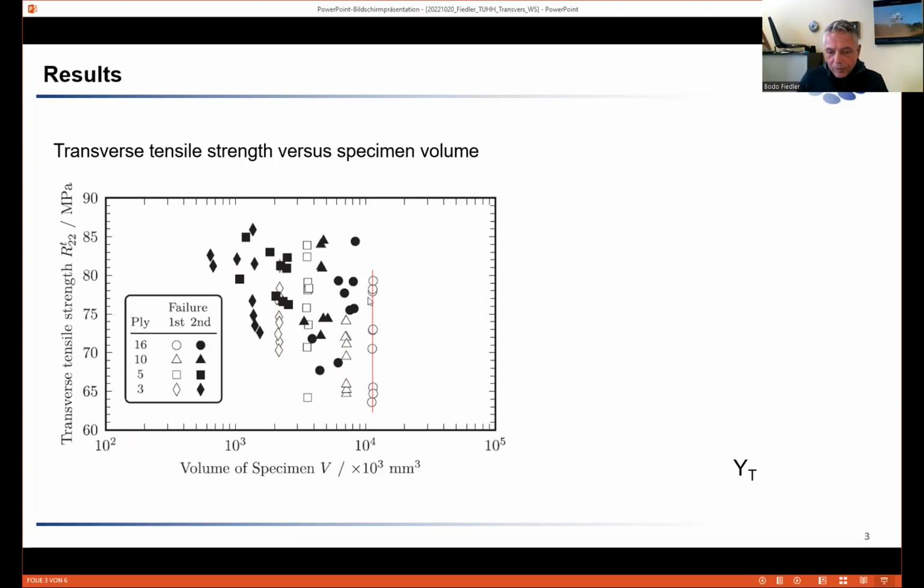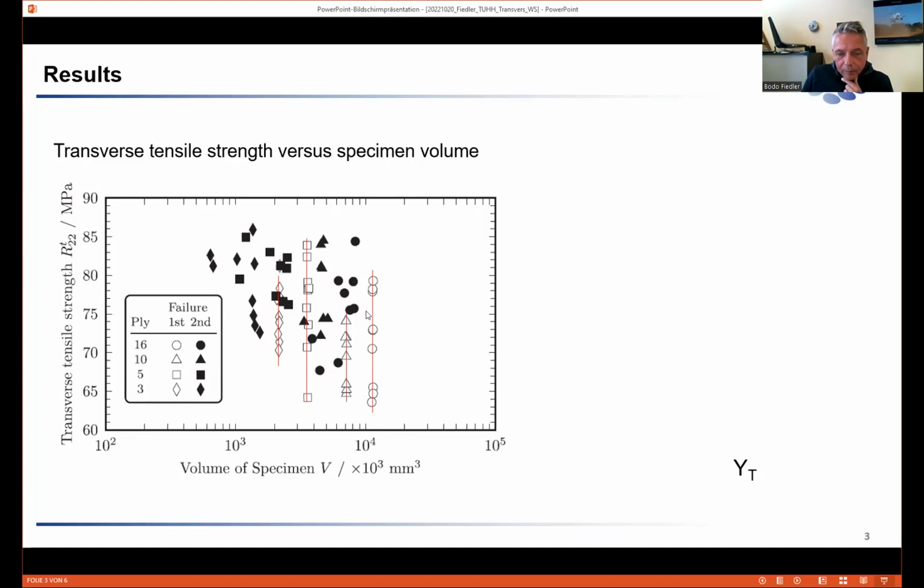These were the standard specimens, the thick ones, and then the next ones are thinner, and thinner again. And we see we really have a large scatter in the strength. So it's not so clear whether there is really a size effect or not.